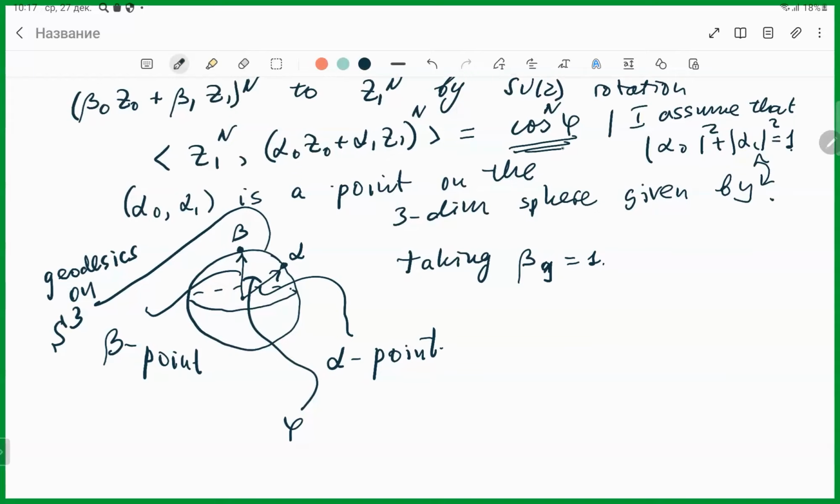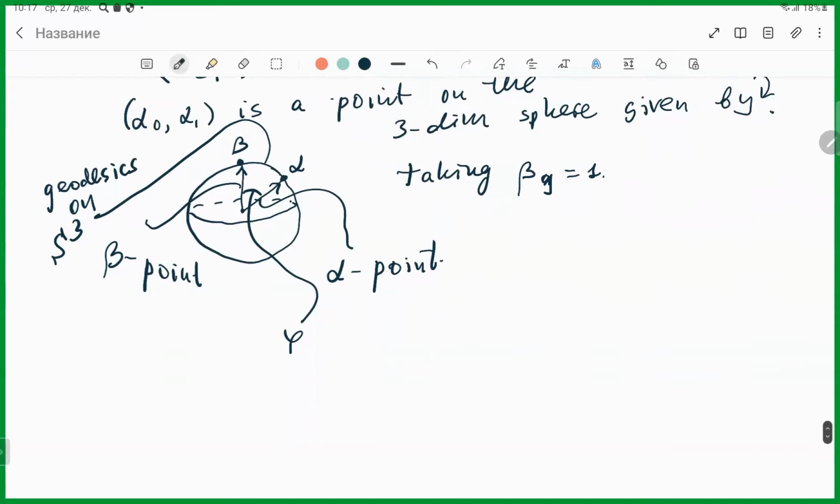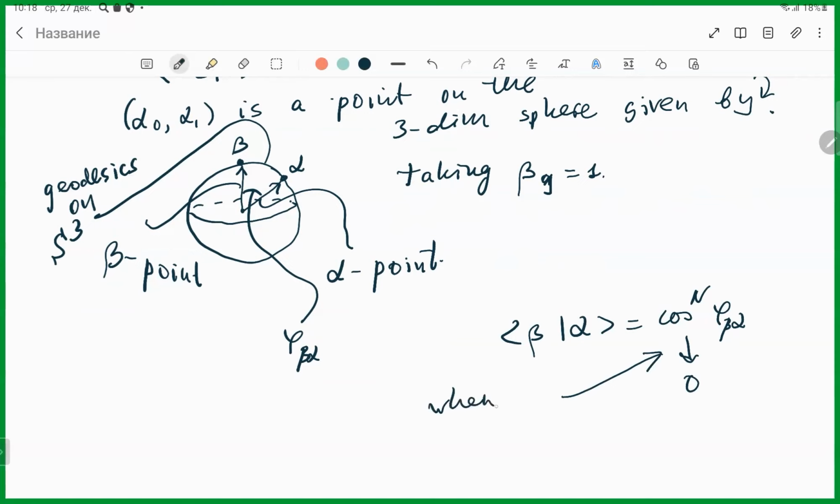So if I look at this formula, I see that the scalar product of alpha and beta is cosine n phi between alpha and beta. And it really tends to 0 when n is tending to infinity. So what is the moral of this story?